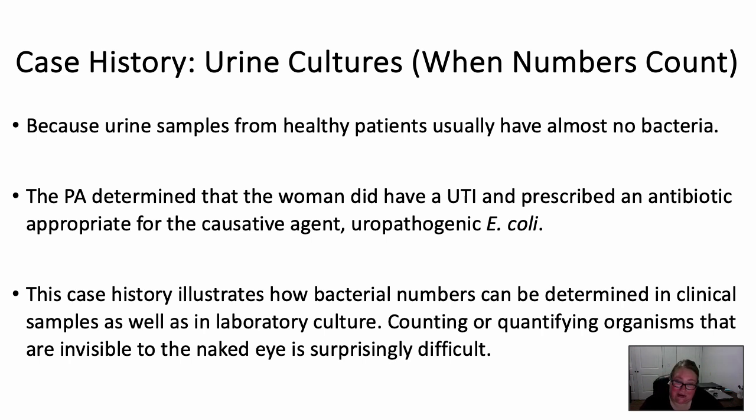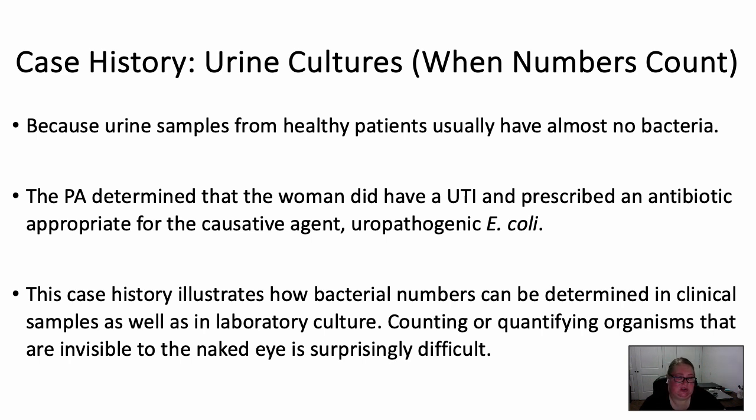When you have bacteria in your urine, that is going to be a sign of an infection like Melissa's UTI. Because she has so many E. coli in her urine sample, the PA is going to diagnose her with a UTI, and he's going to prescribe an antibiotic that's specific to these uropathogenic E. coli, the E. coli that's causing the UTI.